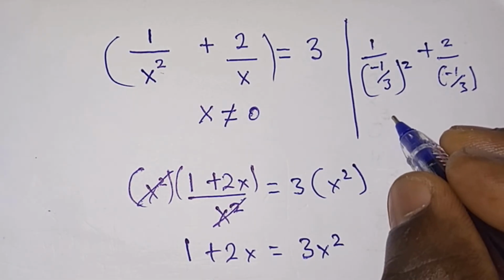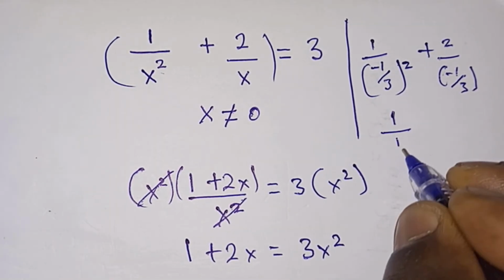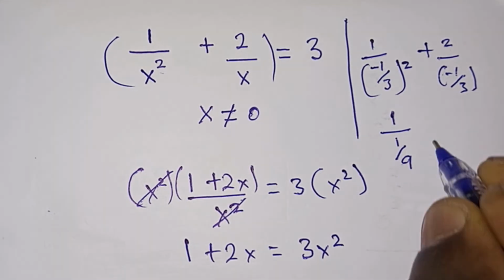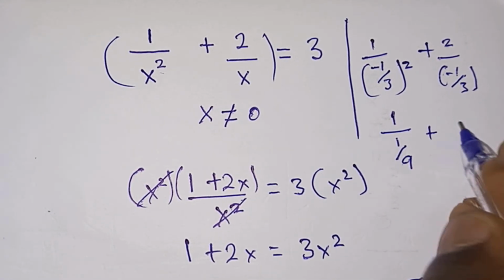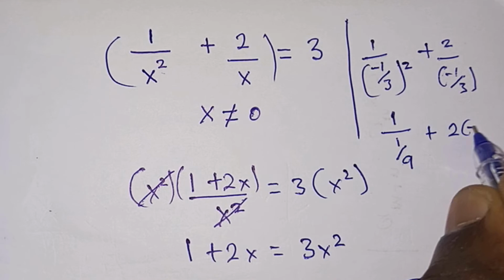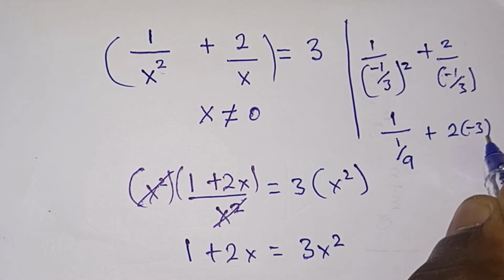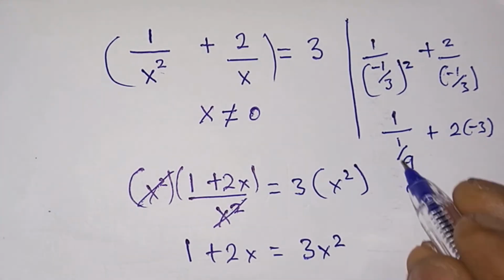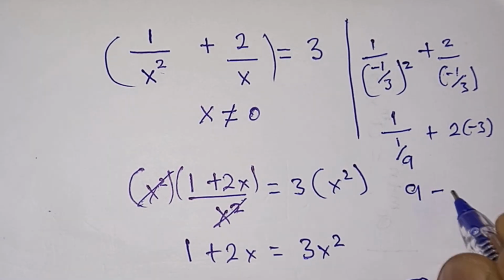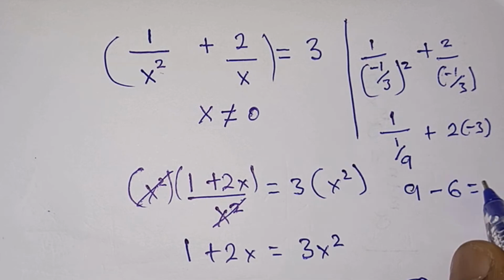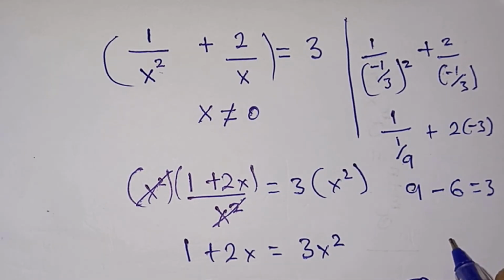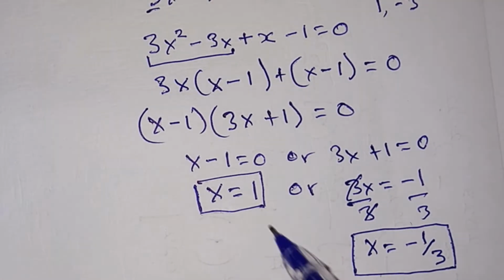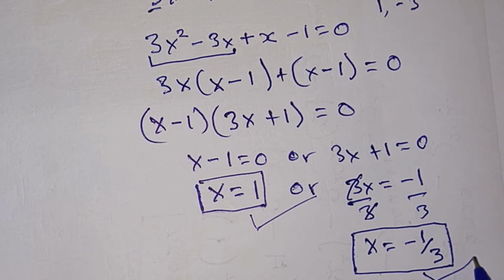So if we simplify this, we have 1 over 9 plus, this is also 2 times negative 3. We can also write this as 9, because if you simplify this, you get 9 minus 6, which is 3. So of course, x equals negative 1 over 3 satisfies the equation as well. So we can conclude that these answers of x are correct.